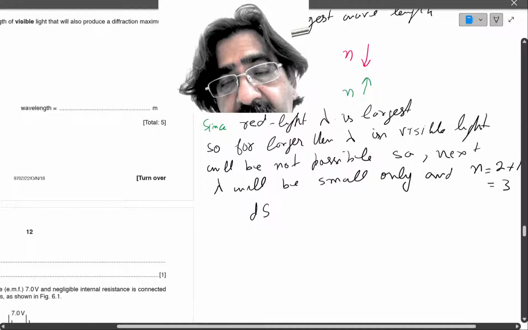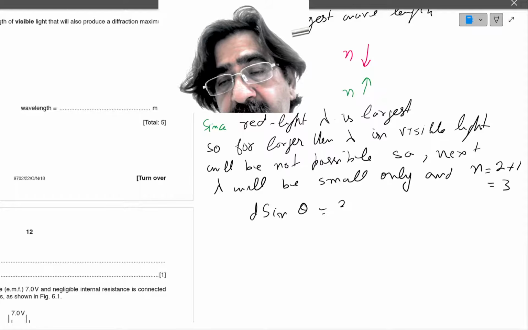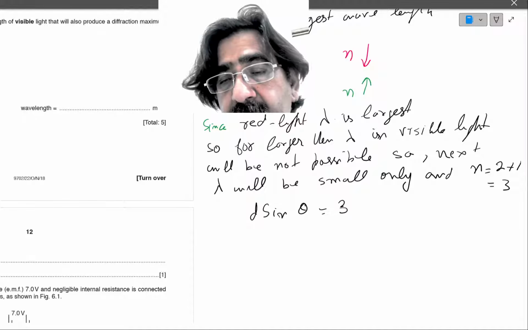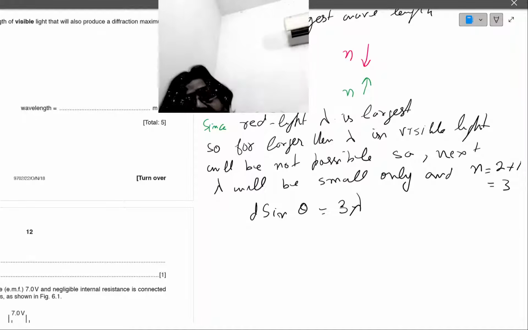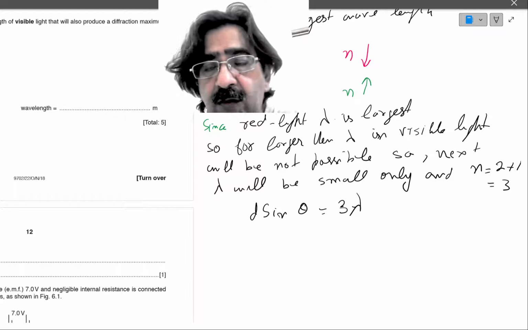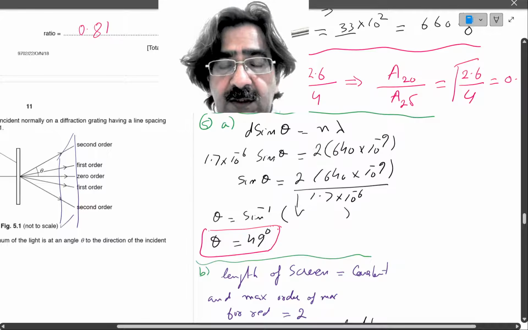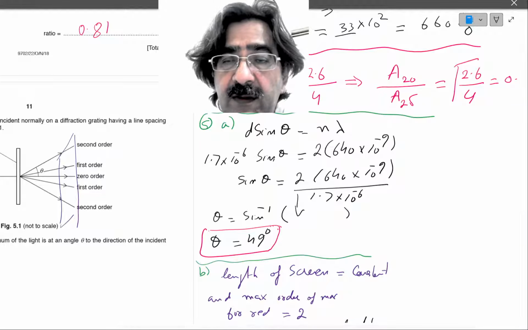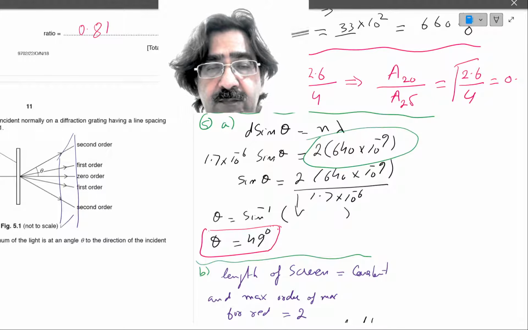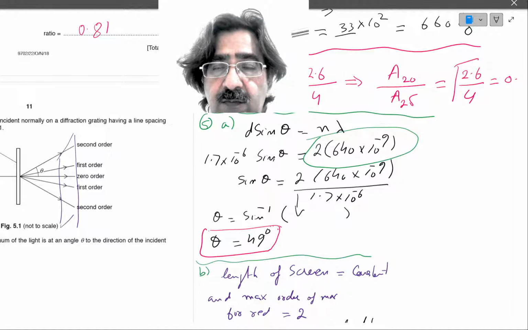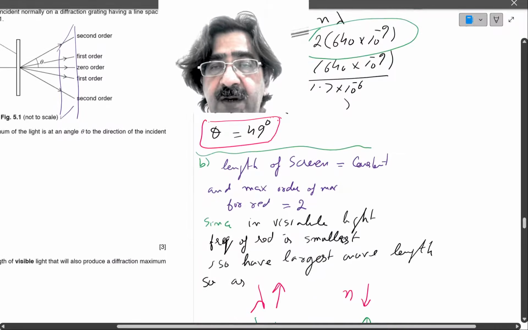d sine theta will become 3 lambda. Okay, but d sine theta is given. Because d is given, d sine theta is equal to 2 multiplied by 640 times 10 to the power minus 9.